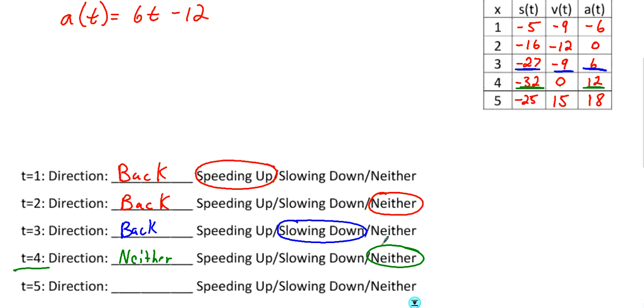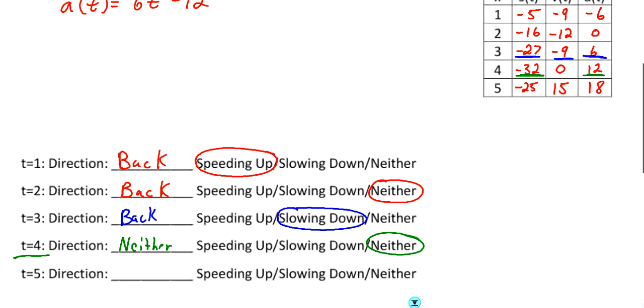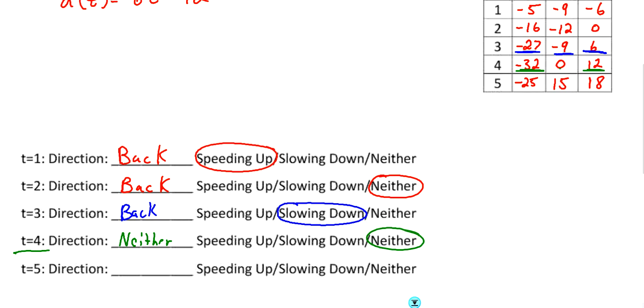Now, this is where it gets interesting because now look at time 5. I'm at negative 25, which means from time 4 to time 5, I've had to start going forward because now I am not as far away from where I started. So at time 5, I'm going forward.